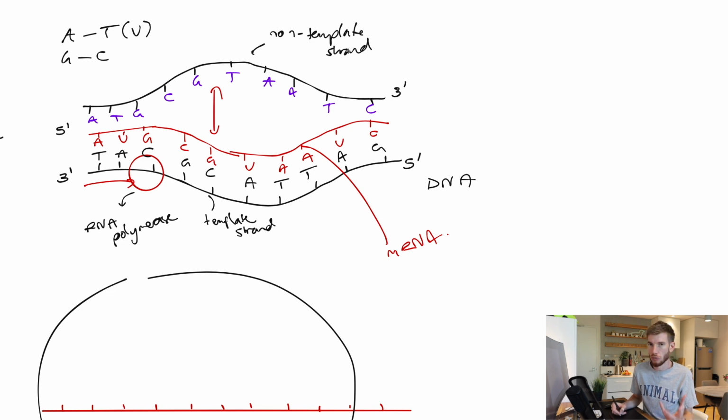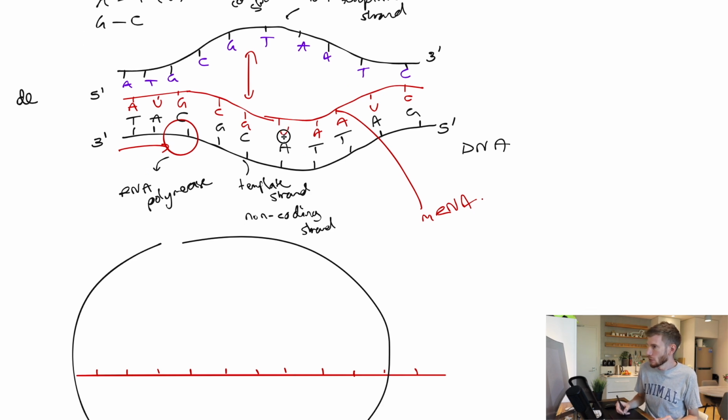Annoyingly though, there's a second naming system and it flips what is non. As well as that, you'll notice that the top strand, the non-template strand, is also identical to the mRNA, i.e. it codes for the mRNA. So this is often referred to as the coding strand. And because the bottom strand is opposite to it, it's often referred to as the non-coding strand. So they're two different naming systems that you can use, and you might see either one used in a GAMSAT question, so be ready for that.